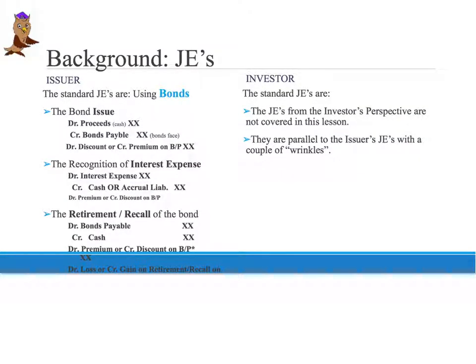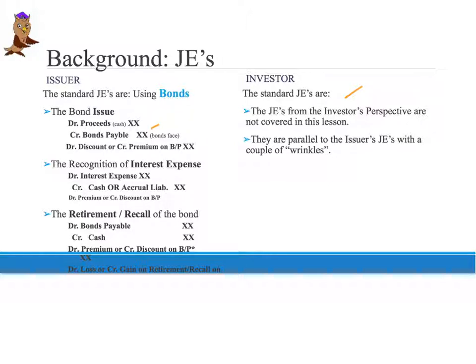Now the actual journal entries are as follows, and again, I'm not going to worry about the investor side at the moment in this lesson. For the bond issue, there will be a credit in all cases regardless of the scenario. There's a credit to the bonds payable account, a liability account, for the face amount.